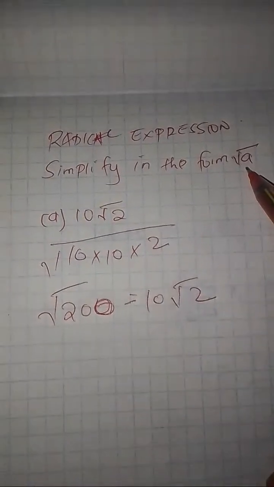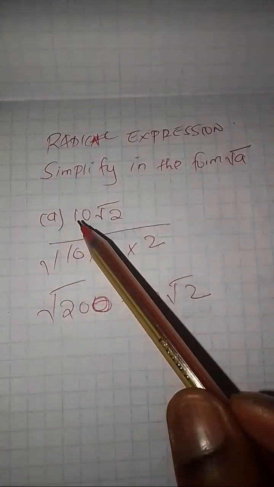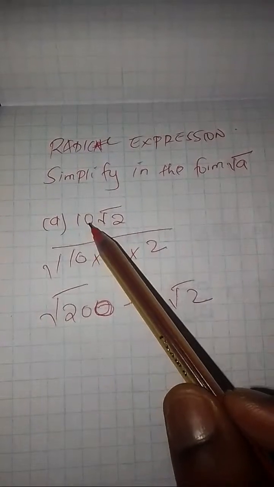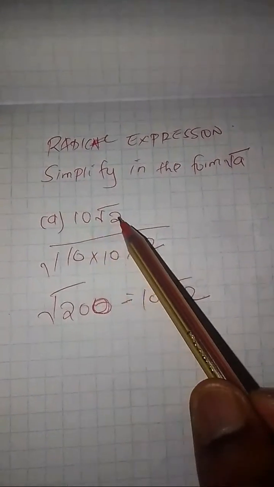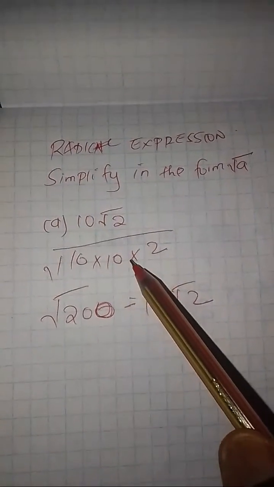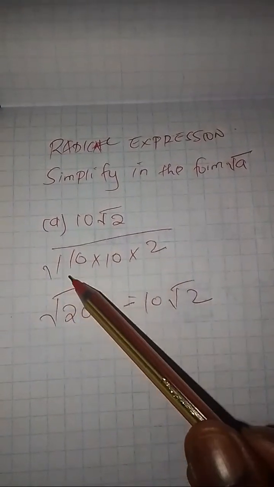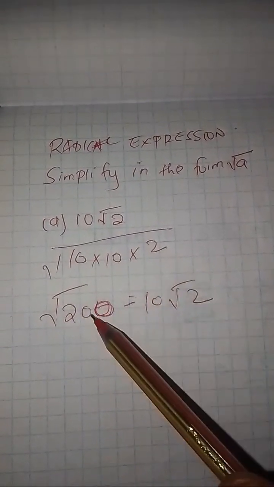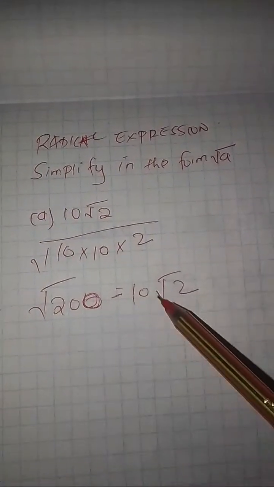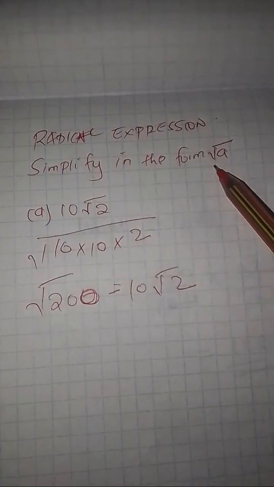So if you're given such a sum, you just have to take this 10, the number that is outside the square root, multiply it by itself, then multiply by this 2. So 10 multiplied by 10 by 2 is root 200. So root 200 can also be written as 10 root 2. And that is why we have root a here.